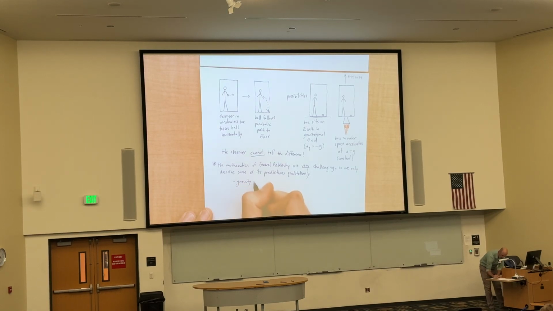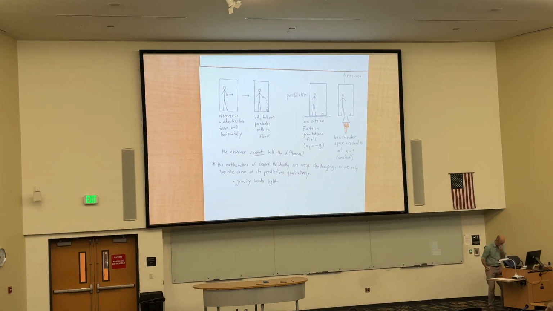Gravity, or mass, bends light. And I'm going to show you an example of that. Or you can say space itself is curved by mass, right? These are two different ways of kind of saying the same thing.